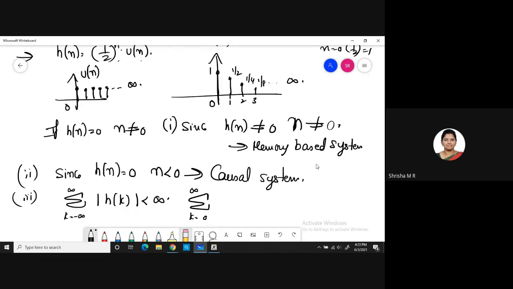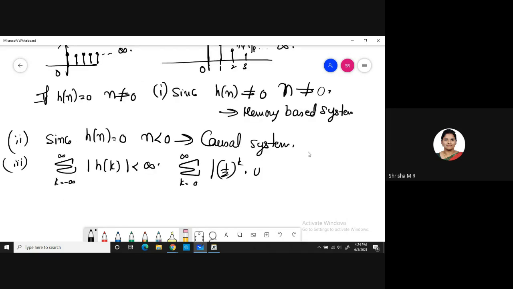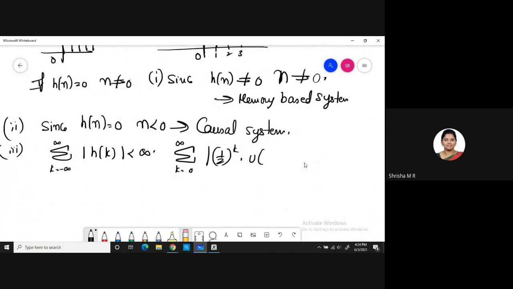So h of k is modulus of half to the power of k into u of k. Got it? Clear? So you have summation k equal to 0 to infinity, modulus of half to the power of k. The u of k amplitude is 1, right? Unit step amplitude is 1, so we can substitute it as 1.